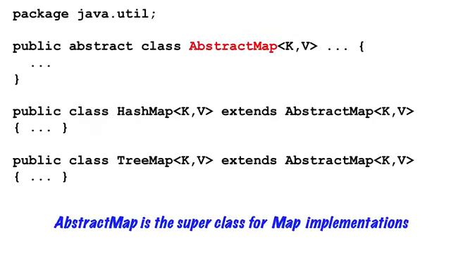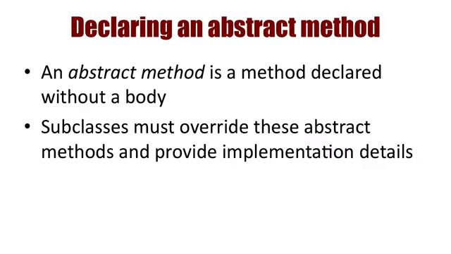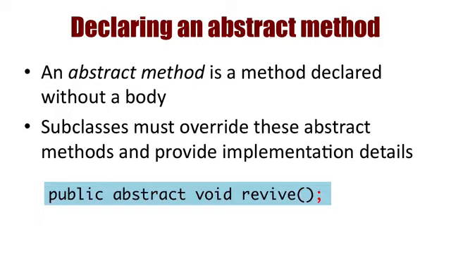For example, the class AbstractMap is an abstract superclass that defines certain methods that must be implemented by all map implementations, such as HashMap and TreeMap. An abstract method is a method that's declared without any implementation. In other words, the method signature is followed by a semicolon rather than an opening and closing brace containing the method definition.